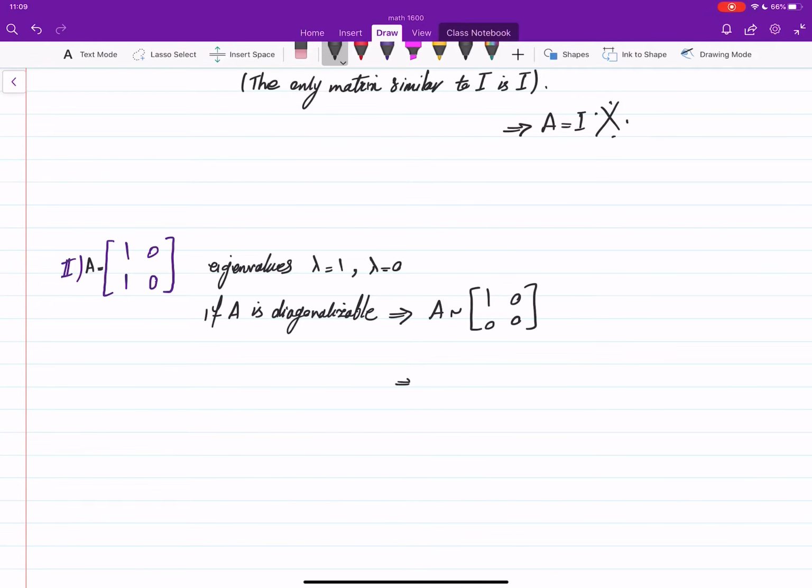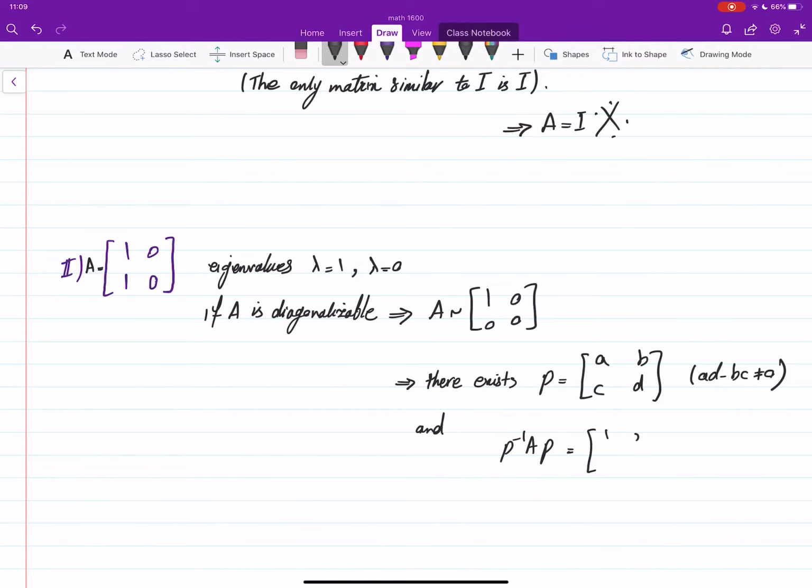Well, it means what? It means that we can find an invertible matrix. So there exists an invertible matrix P. Well, this is 2 by 2. I can write a very general P as a, b, c, d, such that ad minus bc is not 0, and P inverse A P must be equal to 1, 0, 0, 0.